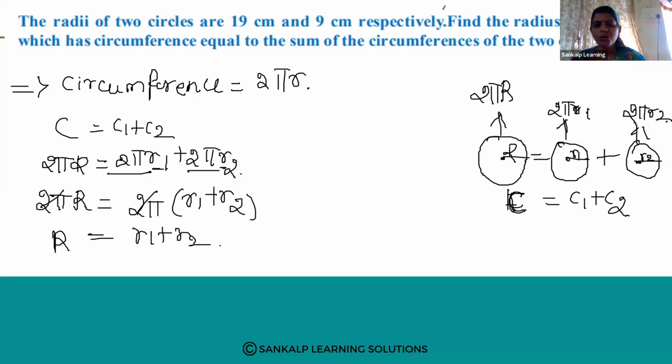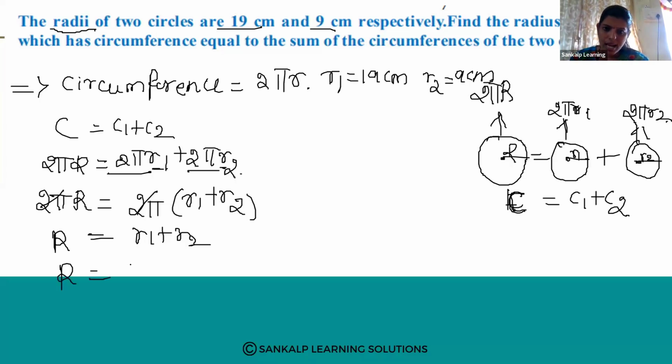Yes. So do you know the values of R1 and R2? Yes. Check the question once again. The radii of two circles is 19 centimeter and 9 centimeter. That means R1 is 19 centimeter and R2 is 9 centimeter. Okay. Now substitute the values of R1 and R2 in this equation. That is R1 is 19 plus R2 is 9.